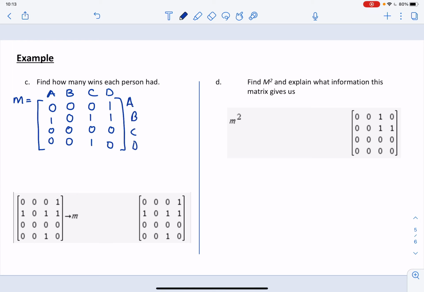All right, now the easiest way to do this is to look at the winners and add them up downwards. Oops, that colour's not going to be bright enough. Let's go yellow. So what I do is I look down the column.